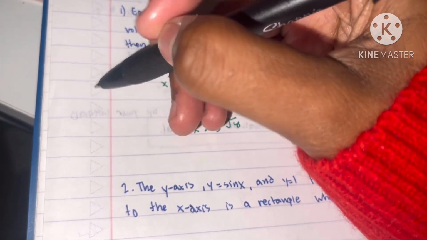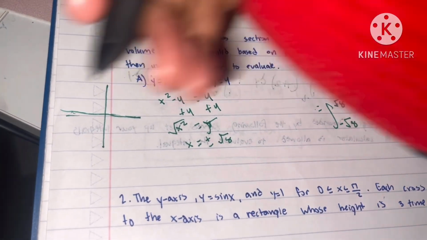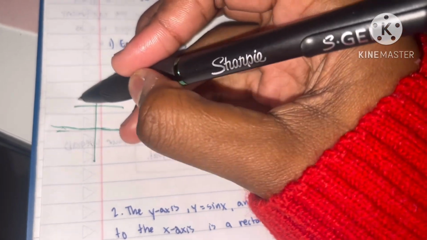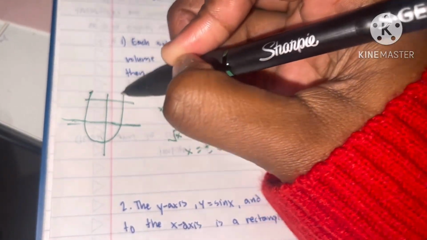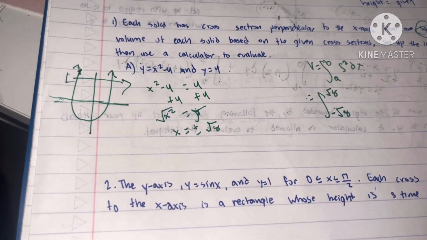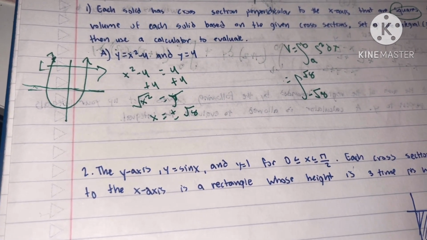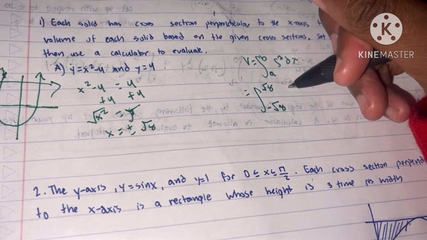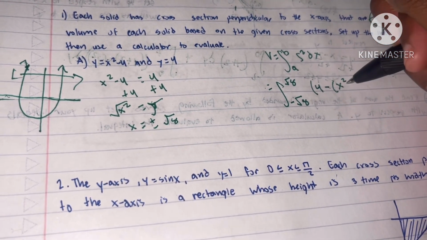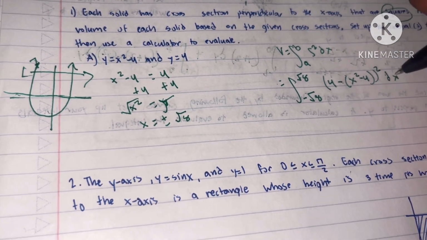Remember, y equals 4 is right there, and negative 4, like so. It will kind of look something like this, and your 4 is on top, so you're going to use that as your f of x. So that will be 4 minus x squared minus 4, dx.